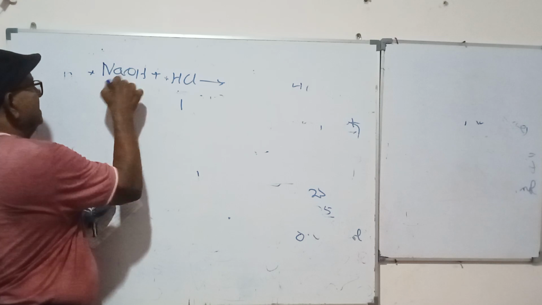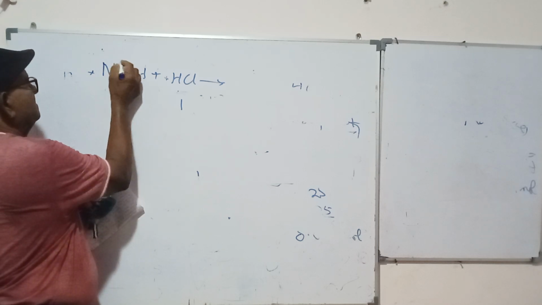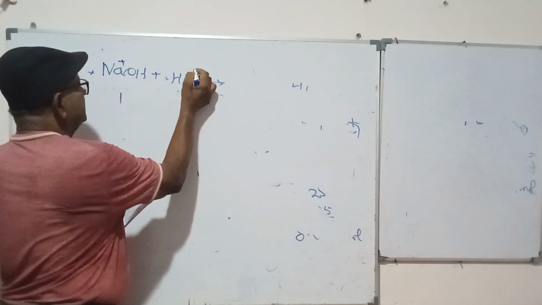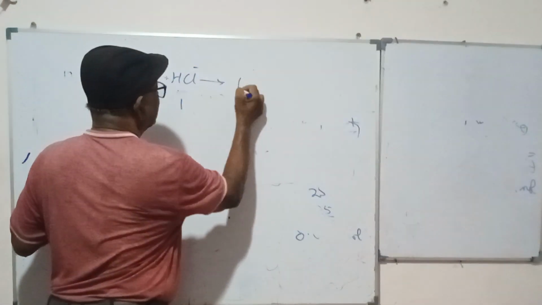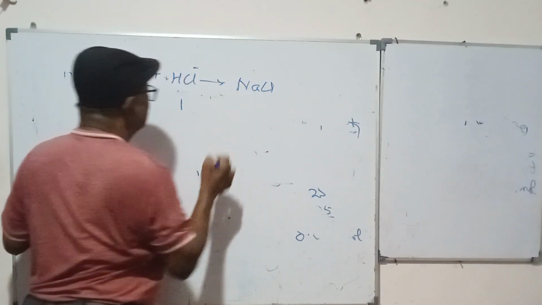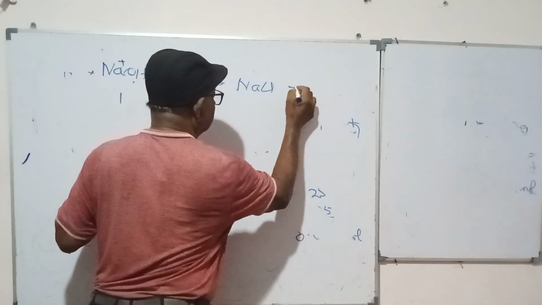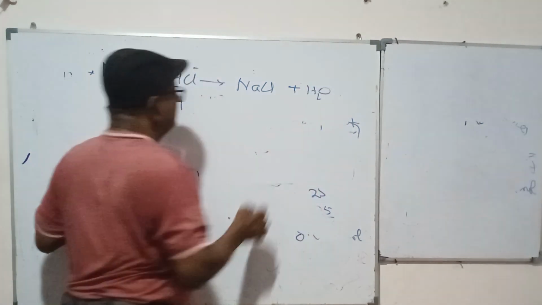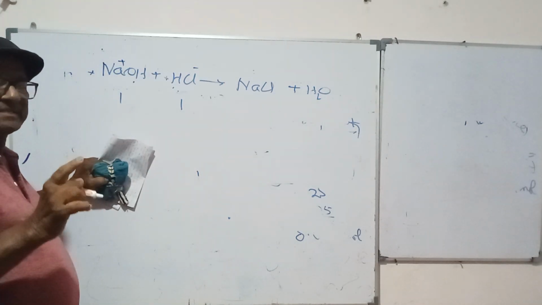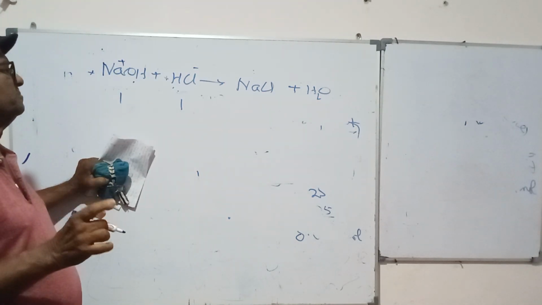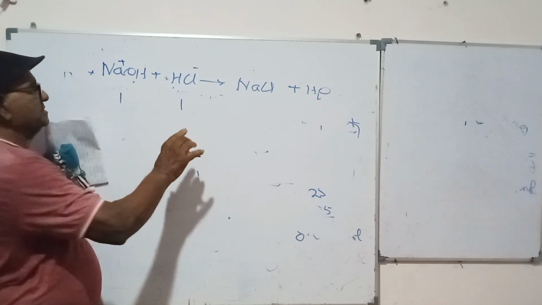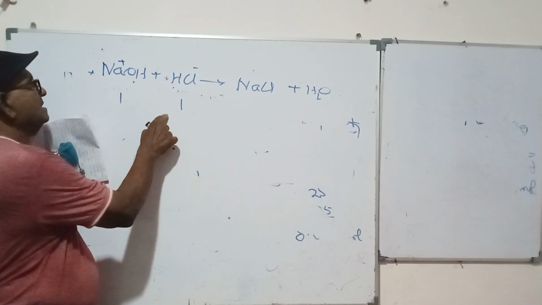To give that, Na plus should react with Cl minus to give NaCl. Then OH gives water. So NaCl 1 mole and water 1 mole should be formed because the stoichiometry is 1:1.